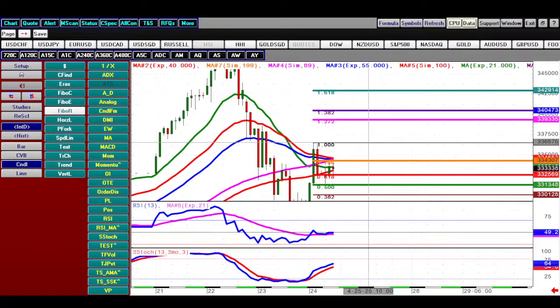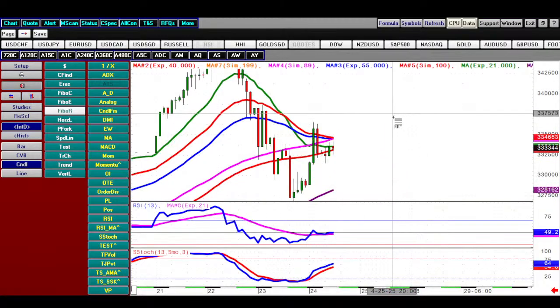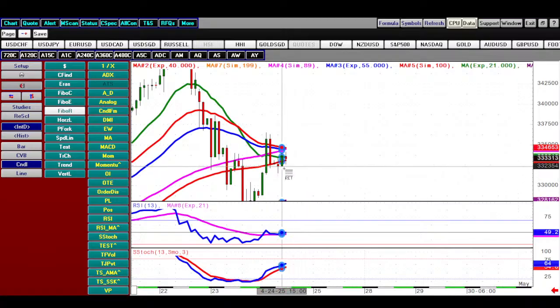So now what is going to happen is this is going to be in a range. Okay, this is going to be in a range.